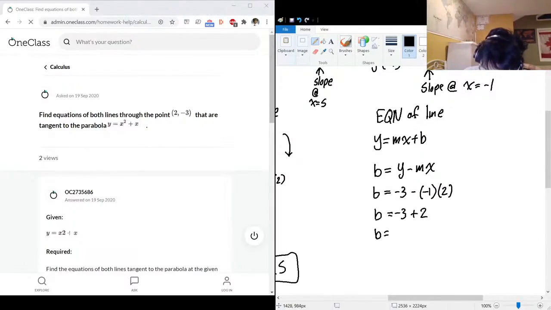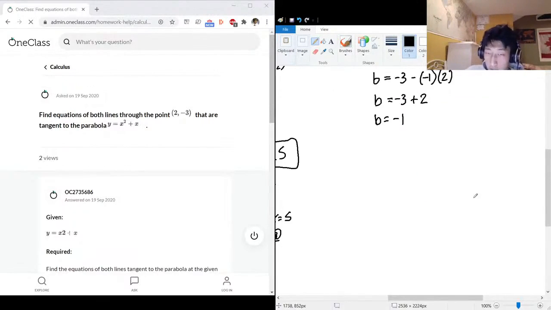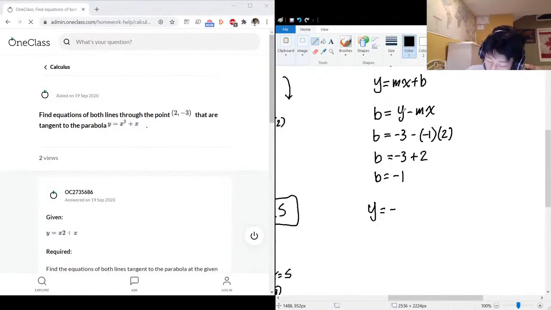B is equal to negative 1, which would mean that our equation here would be y equals negative x, since our slope was negative 1, plus b. Our b is negative 1, so that's going to be minus 1.